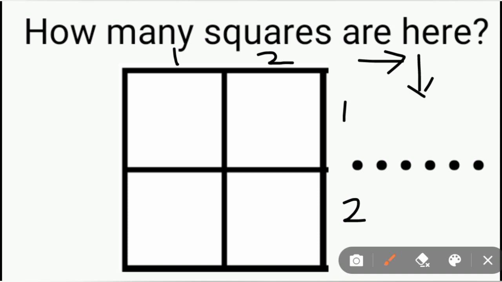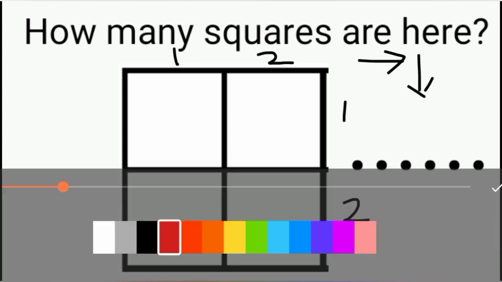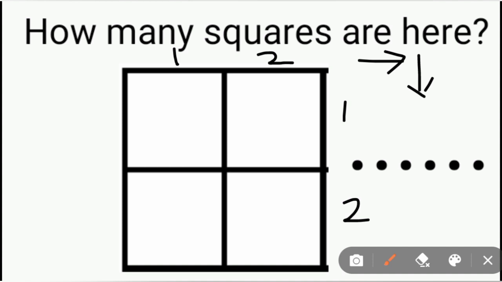So you are going to multiply it like this. First 1 into 1 is equal to 1. Then 2 into 2 is equal to 4.